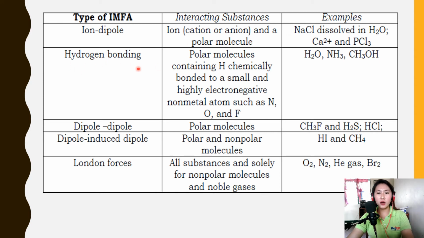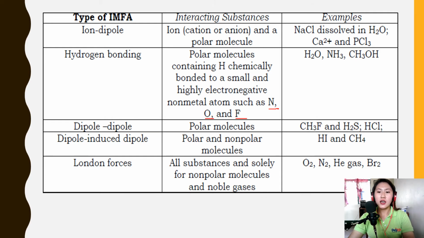Next we have hydrogen bonding. Hydrogen bonding is an interaction between polar molecules containing hydrogen that is chemically bonded to a small and highly electronegative non-metal atom such as nitrogen, oxygen, and fluorine.